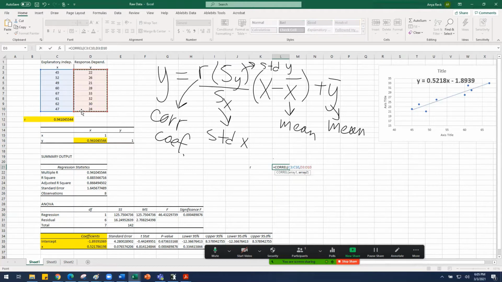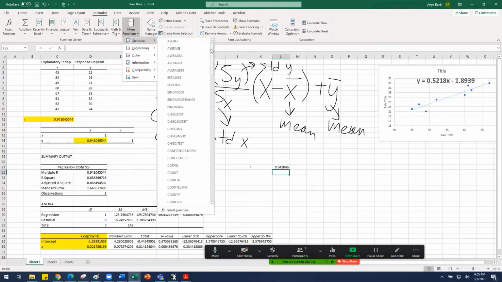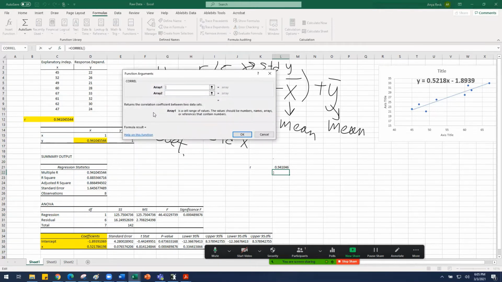If you don't remember what the formula is, you can find the same formula by going to Formulas, More Functions, Statistical, and then go down to Correlation, and the window will help you find your values. Select the columns that you need.